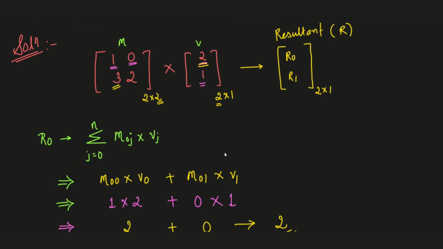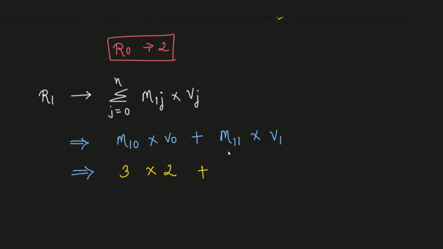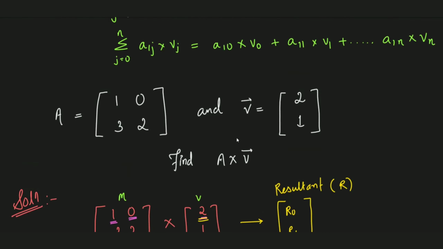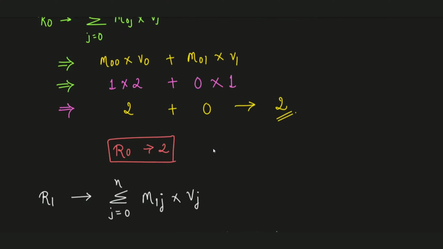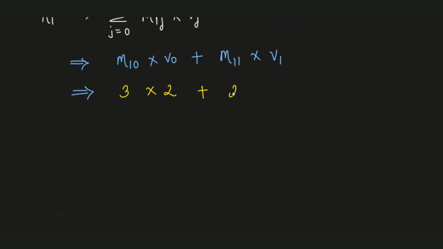At the M11 position we have the value 2, and at the V1 position we have the value 1. You can see at M11 we have 2 and at V1 we have 1. So let's multiply these two also. Let's write 2 multiplied by 1.